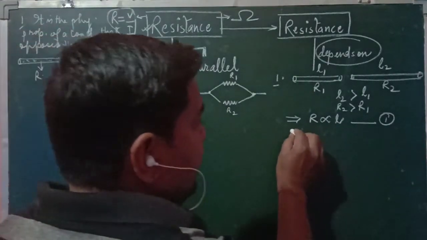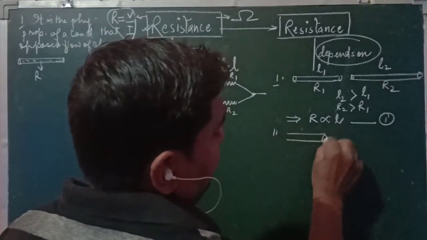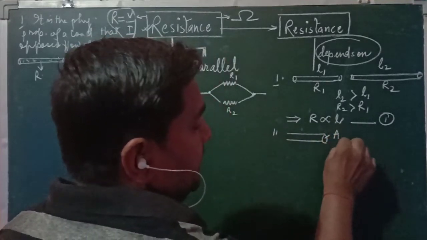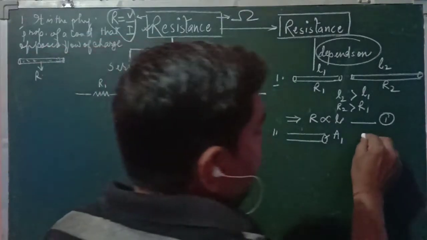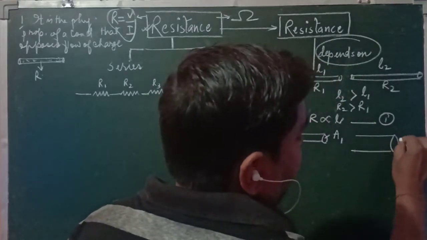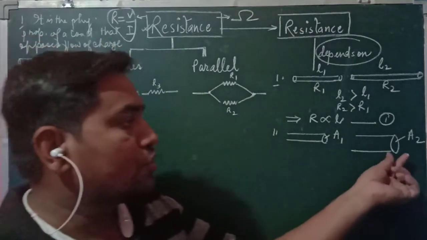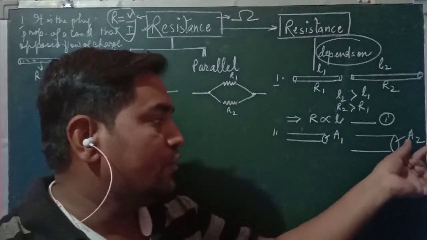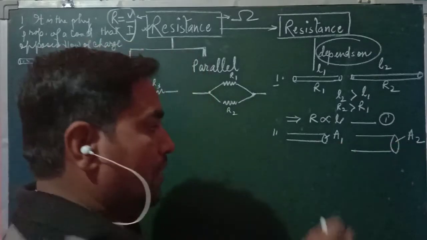Okay. And second, let this is the conductor having cross sectional area A1. Here it is known as the cross section area, and there the another conductor is there having the cross section area A2. So simply you see there that area 2 is greater than area 1.